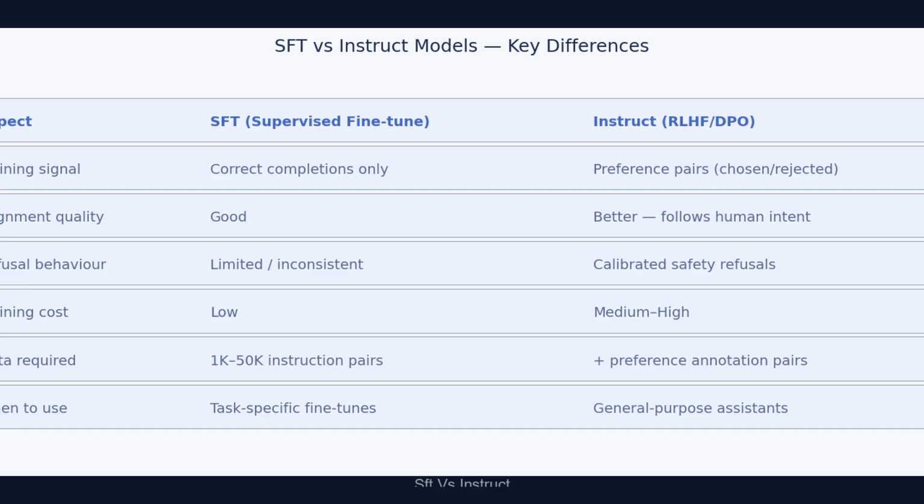RLHF trains on preference pairs. You show the model 2 responses and indicate which is better, and it requires human annotation at scale, which makes it medium to high cost. The payoff is better alignment, calibrated safety refusals, and responses that more closely match human preferences.